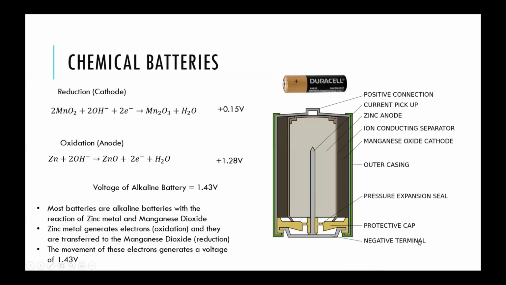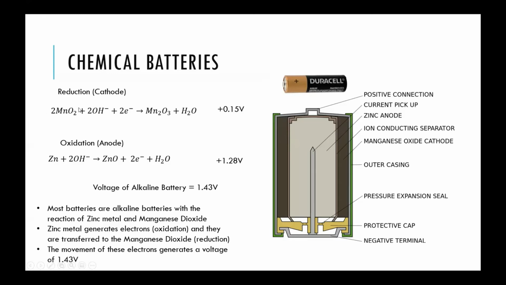The electrons are going through the device or whatever you're powering with the battery, coming into the positive end, and this positive end is in contact with a powder of manganese dioxide, again in a slurry of hydroxide solution.